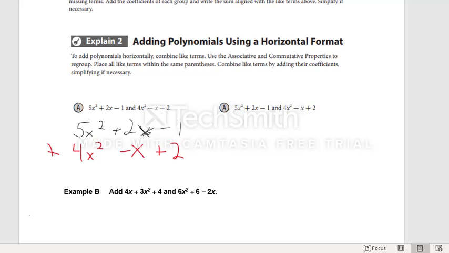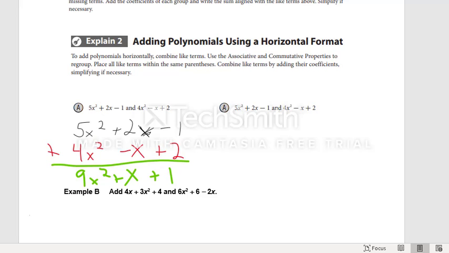Now we are just going to combine them. 5 plus 4 is 9x squared. Notice the exponent does not change. 2x plus a negative x is just x. Notice the exponent does not change. And negative 1 plus 2 is just 1. So 9x squared plus x plus 1.